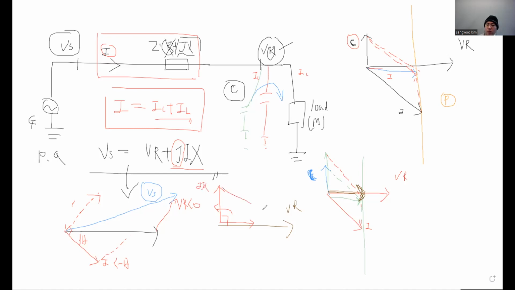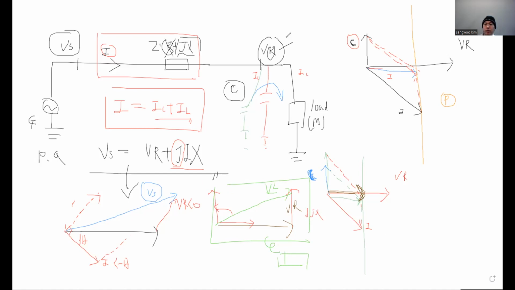And then VS is here. So we put it here, I, J, X, and then we add VS here, same thing for VS. This is when the power factor is 1.